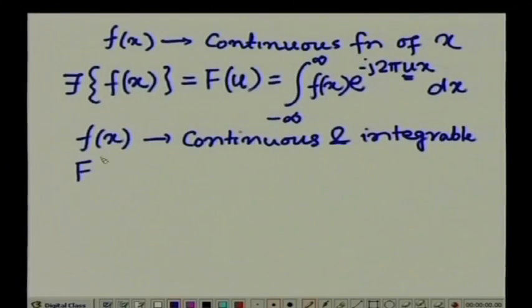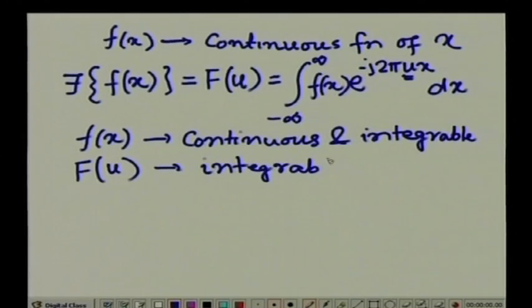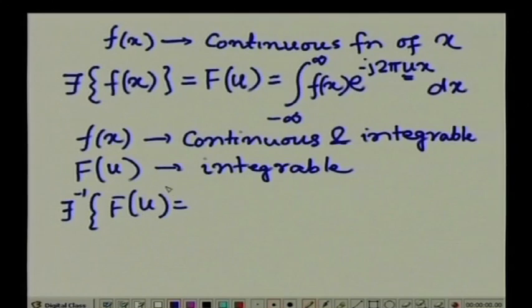Given the Fourier transform F(u) of a function f(x), if F(u) is integrable, then we can find the inverse Fourier transform of F(u), which is the continuous function f(x).